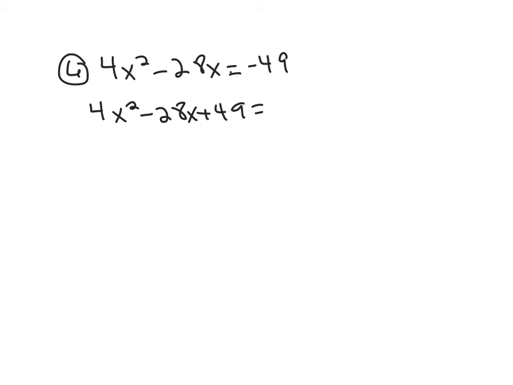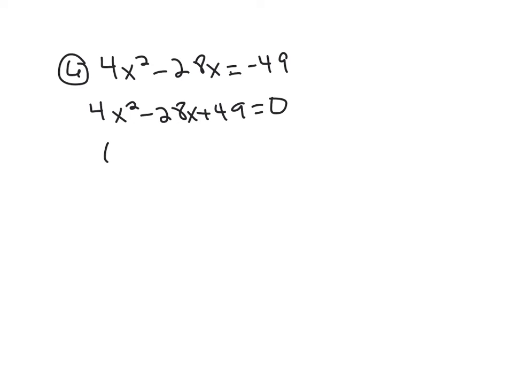4x squared minus 28x equals negative 49. All right, so now, first thing, the first 5 problems were all set equal to 0 because it is the zero factor property. So step 1, you need to add over the 49. Step 2, you need to factor.